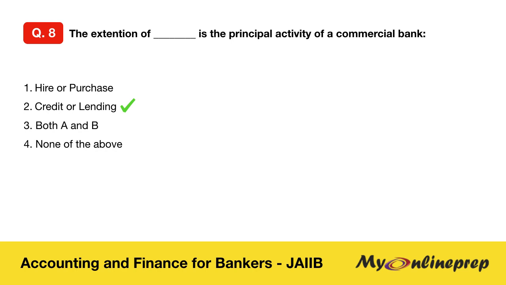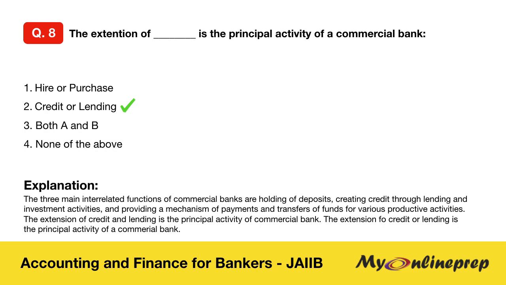Because there are 3 main interrelated functions of a commercial bank: holding of deposits, creating credit through lending and investment activities, and providing a mechanism of payments and transfer of funds for various productive activities. The extension of credit or lending is the principal activity of a commercial bank.